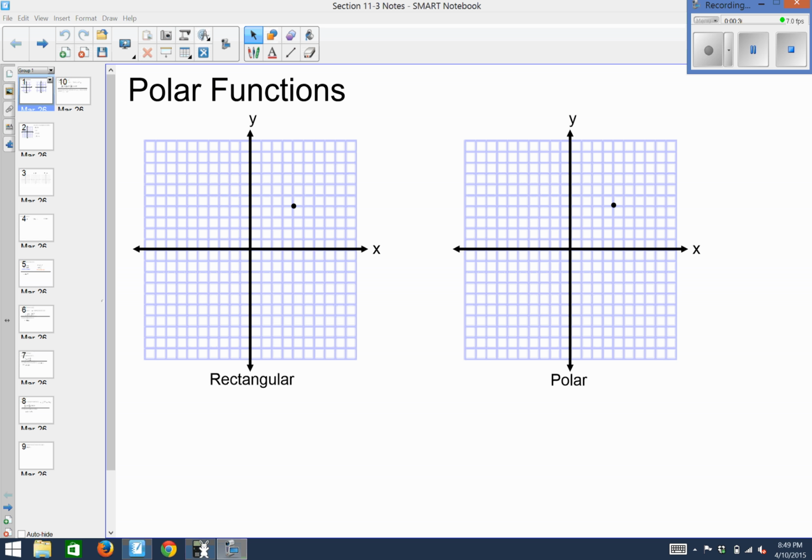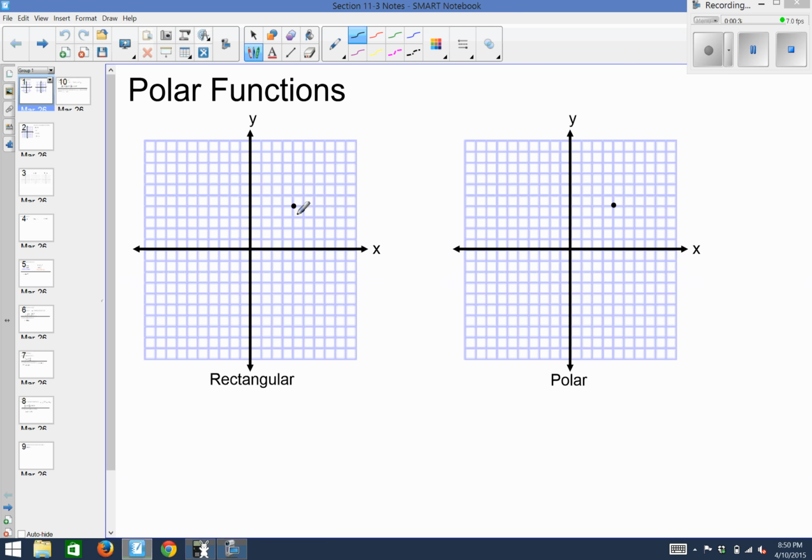Just to remind you, what we're used to with x's and y's are our rectangular coordinates. So for example here, these would be the coordinates (4, 4). When we are working with polar coordinates, we're looking at the same point on the same coordinate plane.